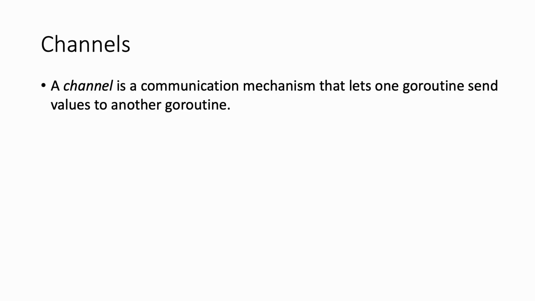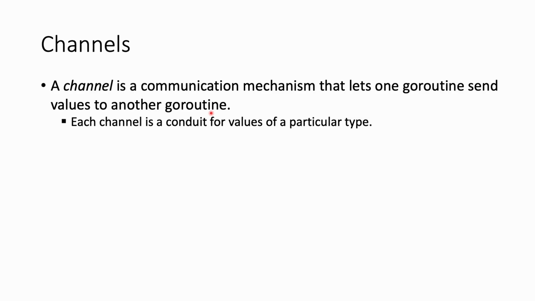If Go routines are activities of a concurrent Go program, channels are the connection between them. A channel is a communication mechanism that lets one Go routine send values to another Go routine. Having channels is how Go supports the message passing style of concurrent programming.